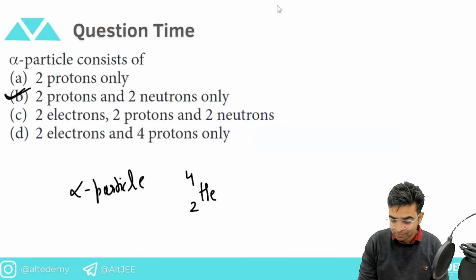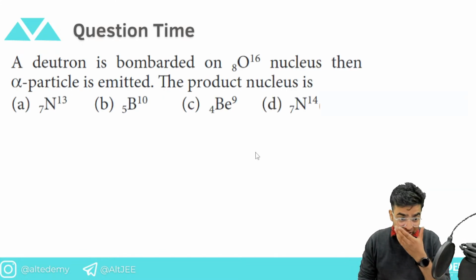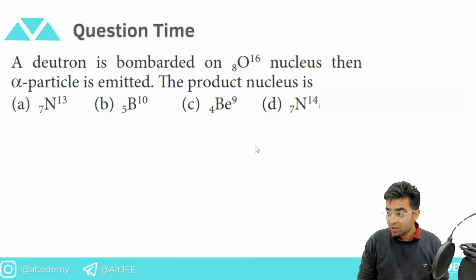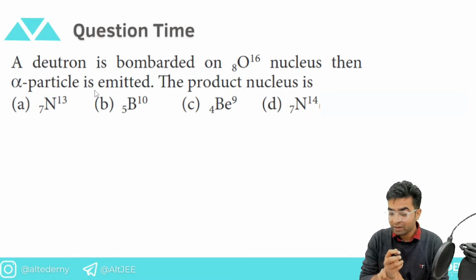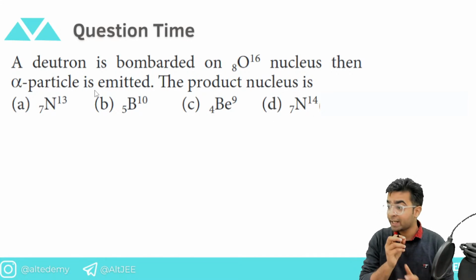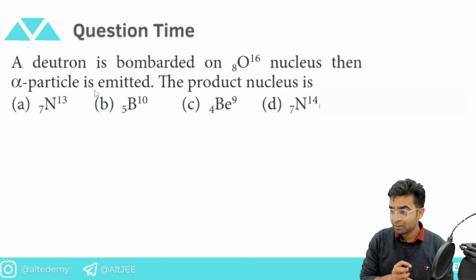Next question. A deuteron is bombarded on an oxygen nucleus, then an alpha particle is emitted. The deuteron, 1H2, has one proton and one neutron.